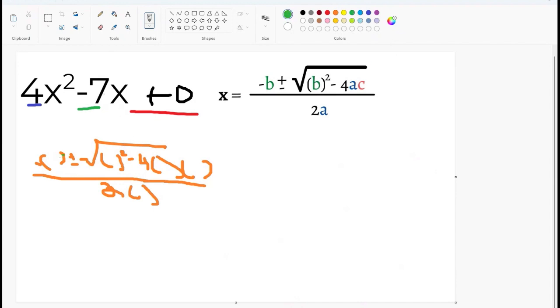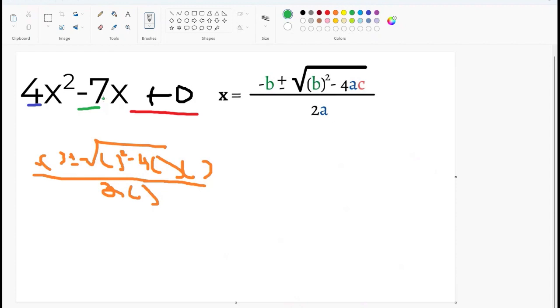So b is -7, right? And this is one of those times when the sign is very, very important, okay? Because right here it's -7, right? Do not assume, like here it's -b, just because my b is -7, that it's like -7 plus minus.